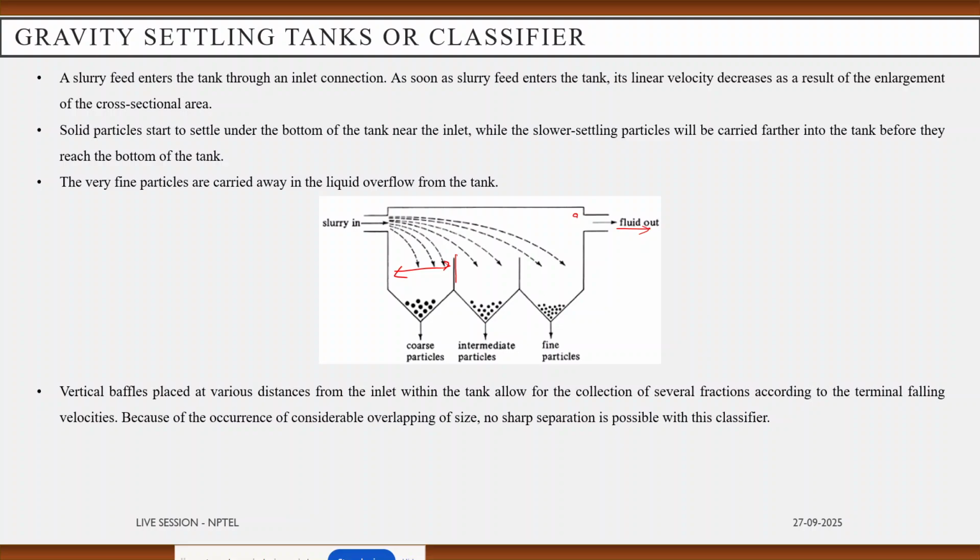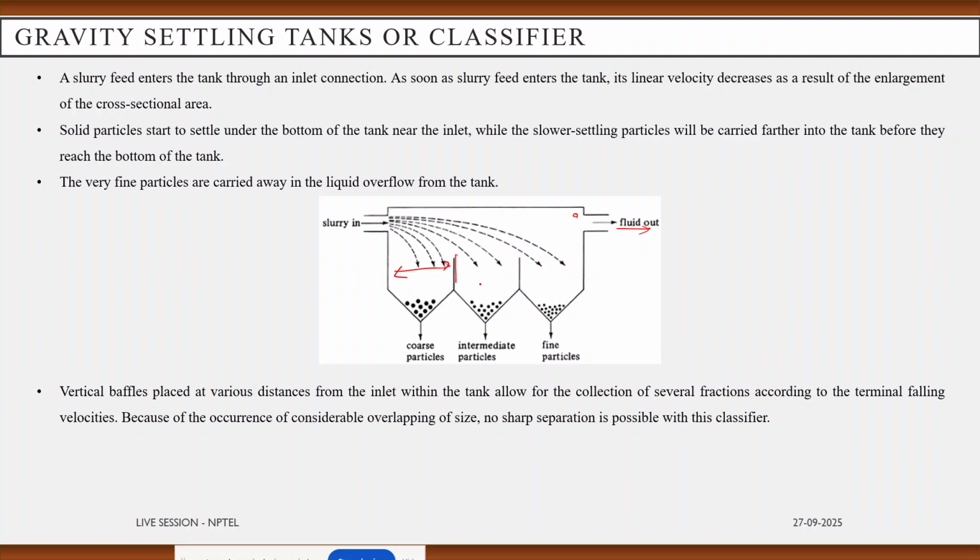Now here we use vertical baffles, which are placed at various distances from the inlet within the tank, which allows for the collection of several fractions according to the terminal falling velocities. Because of the occurrence of considerable overlapping of size, no sharp separation is possible with this kind of classifier.